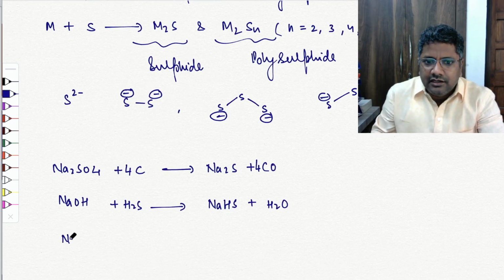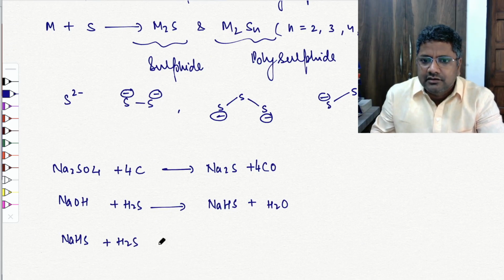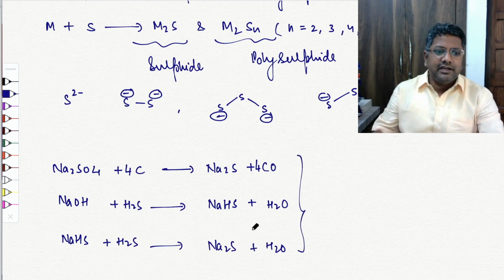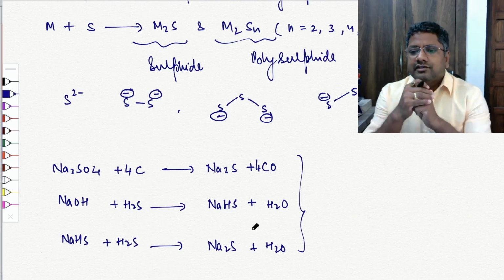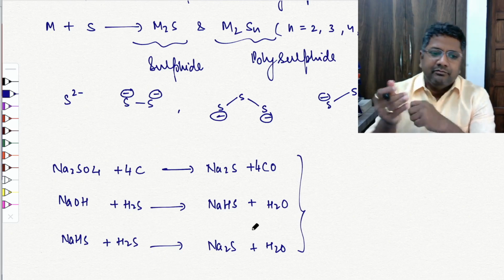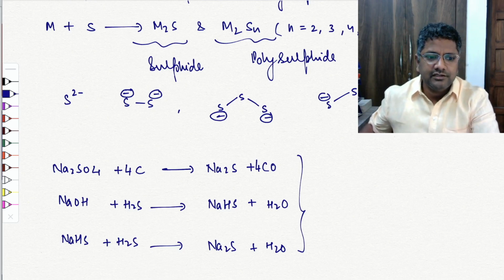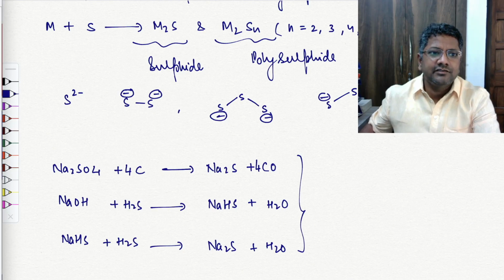So NaHS plus NaOH, you will have Na2S plus H2O. So these are some indirect methods which can be used to prepare metal sulfides, right? So these are the sulfides.